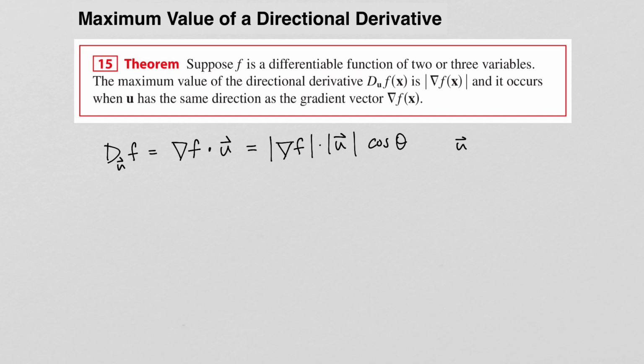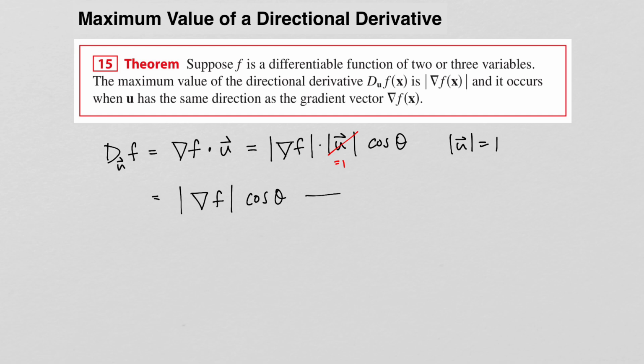But we know the length of vector u is 1 because by definition u is a unit vector. So this is equal to 1, which means we can ignore it. And this becomes the magnitude or length of the gradient vector f times the cosine of theta.